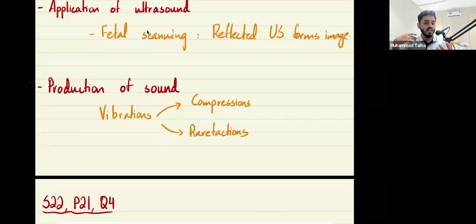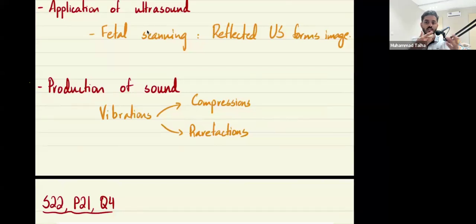My voice and the wind which it throws out make some particles come closer together, which is compressions. So places where air particles are closer together, leading to a higher air pressure, are compressions.